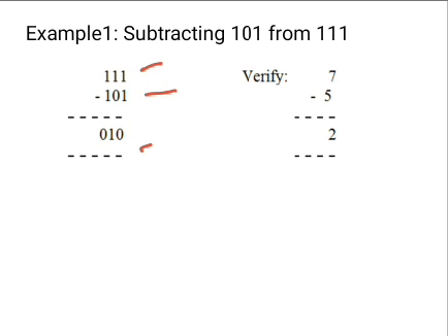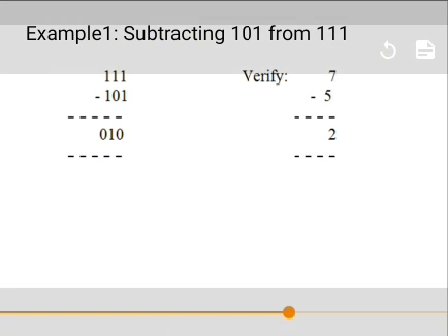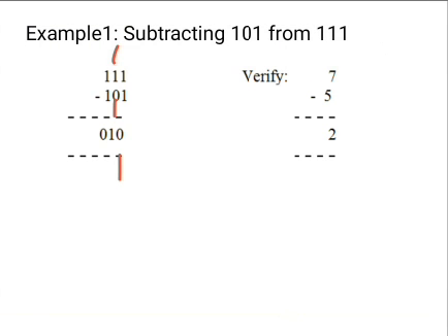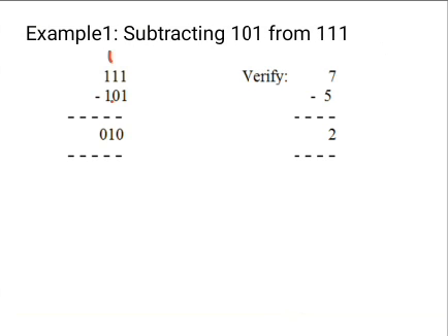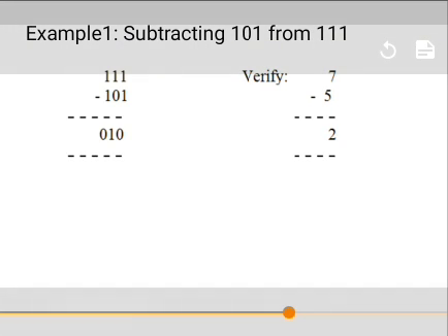In the second column, 1 minus 0 equals 1. In the third column, 1 minus 1 equals 0. So, the answer is 2.